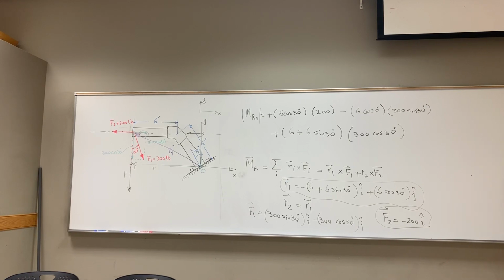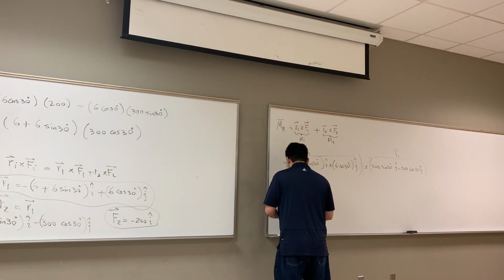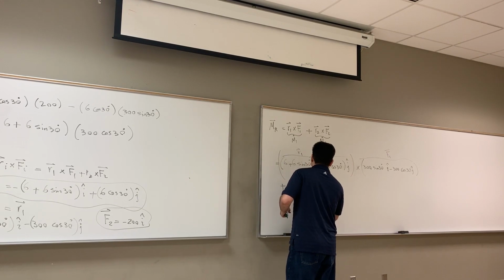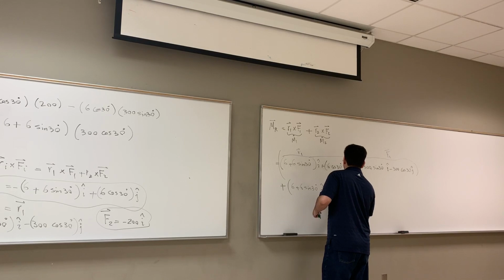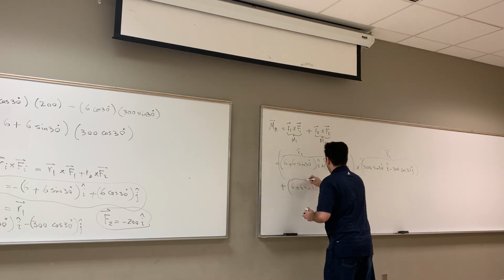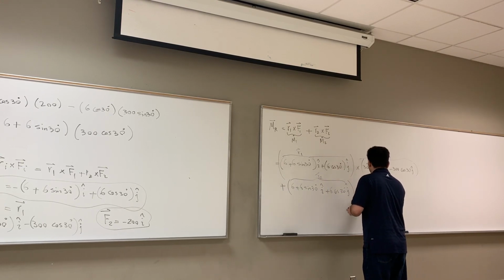R2. So let me show you, this is R1 and this guy is F1. So we cross product. Then we go to R2. R2 is R1. So I just use 6 plus 6 sine 30 degree I plus 6 cosine 30 degree J. So this is also R2 cross F2.